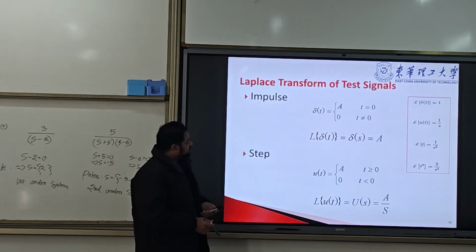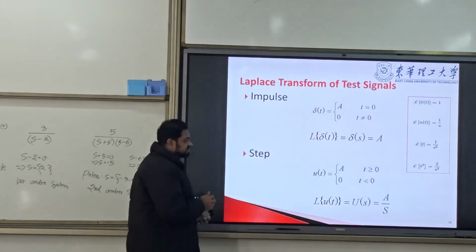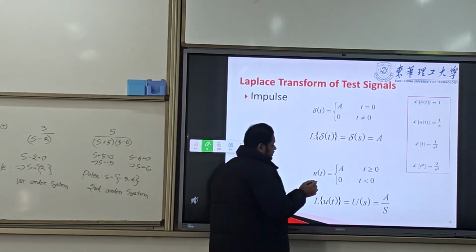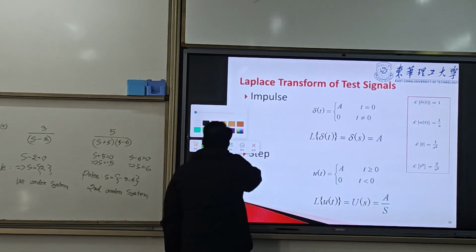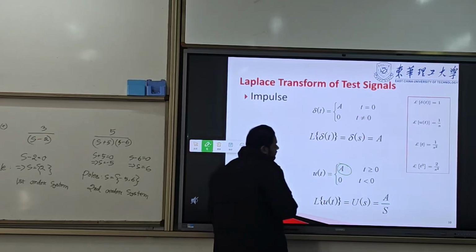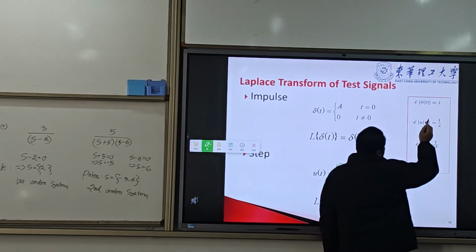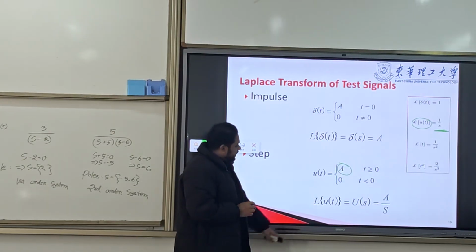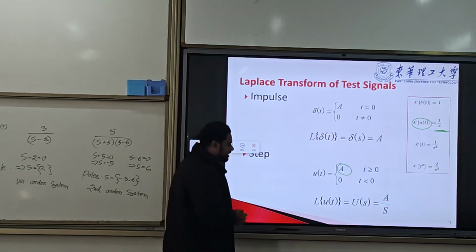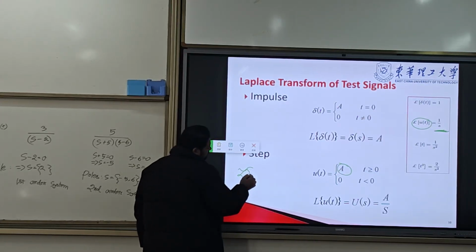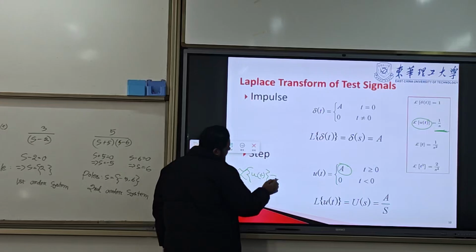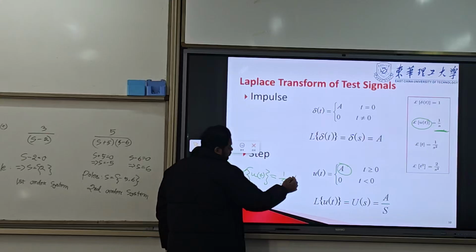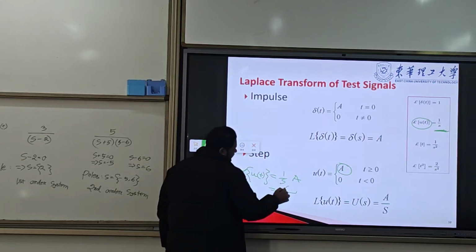But if you convert the step signal, again the same thing. Here there is a train of impulses, and the amplitude is still A, but the Laplace transform of ut will give you 1 by s. Now you have A, so it will be multiplied: 1 by s into A, so it will be A by s.